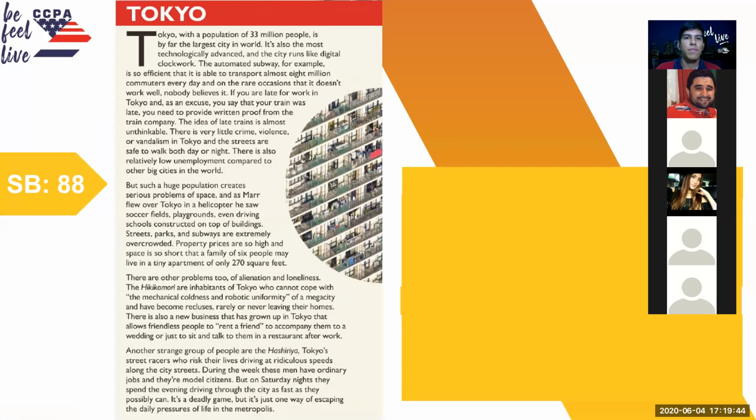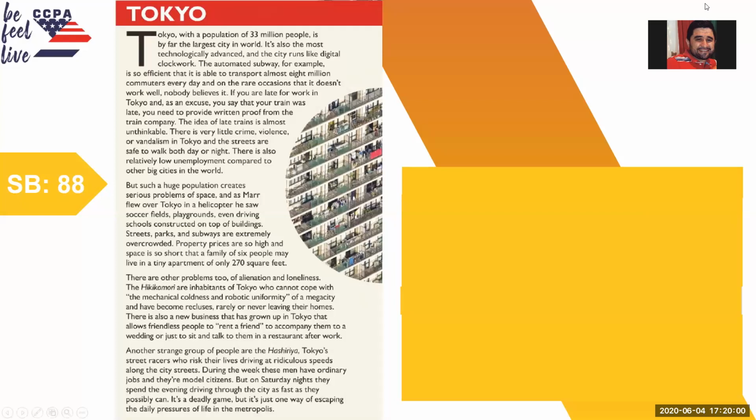It's also the most technologically advanced, and the city runs like a digital clockwork. The automated subway, for example, is so efficient that it is able to transport almost 8 million commuters every day, and on the rare occasions that it doesn't work well, nobody believes it.